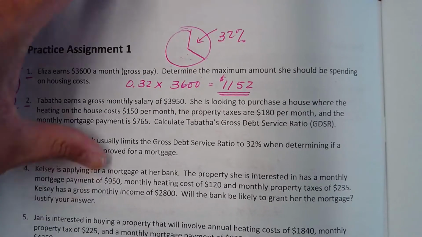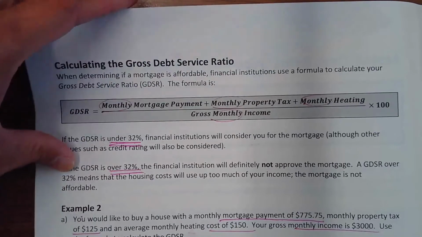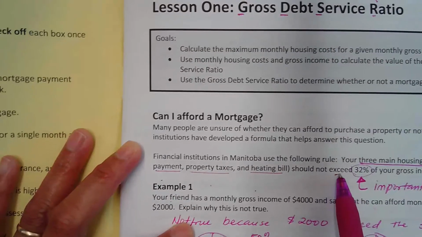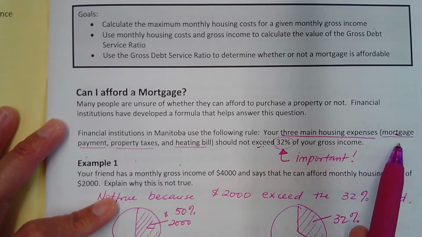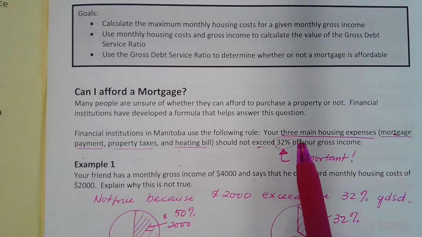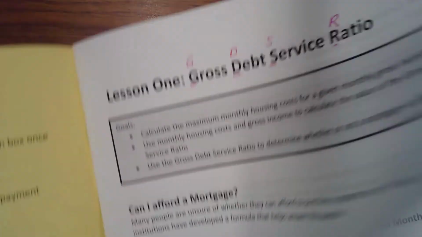If you take a look at the very beginning, your three main housing expenses should not exceed 32%. So 32% is your magic number.